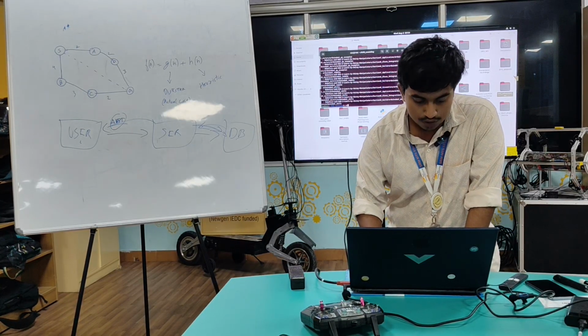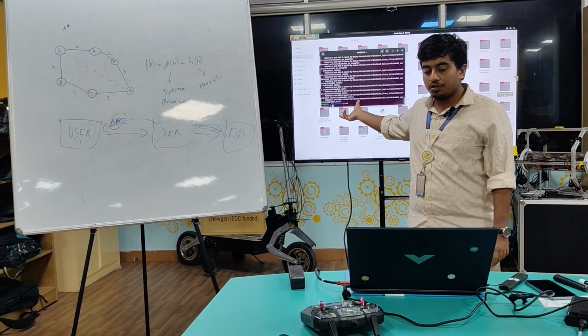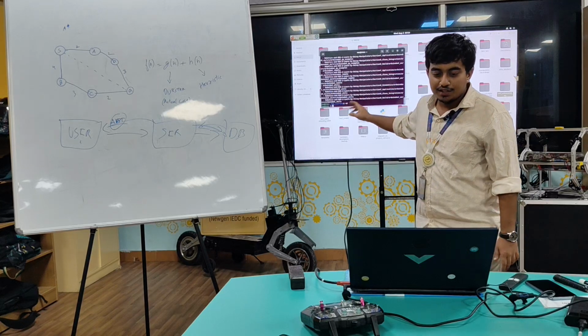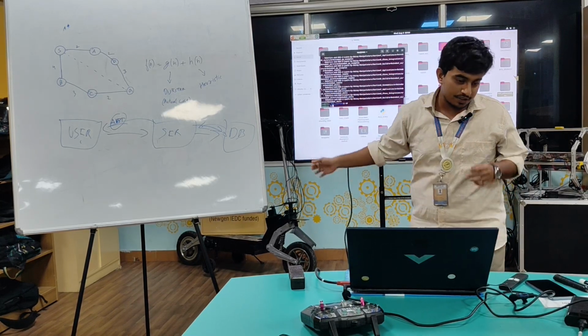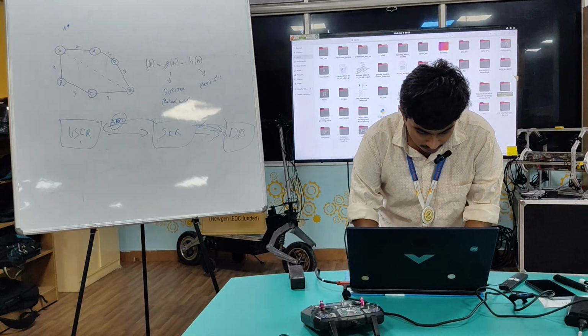See. If you want to get outside of your directory, you have to give cd and nothing else. If you give simply cd, it will get outside of your directory. And I have to give ROS2.